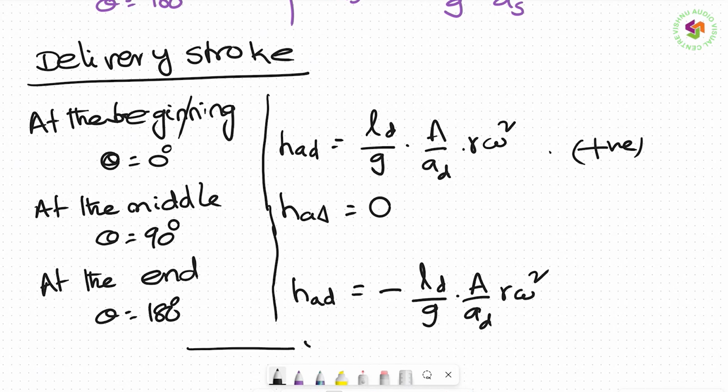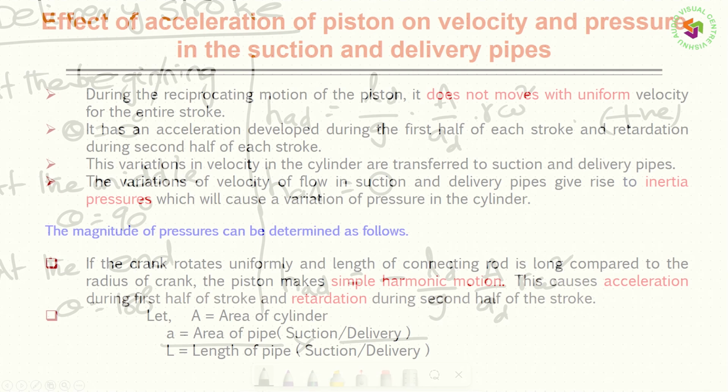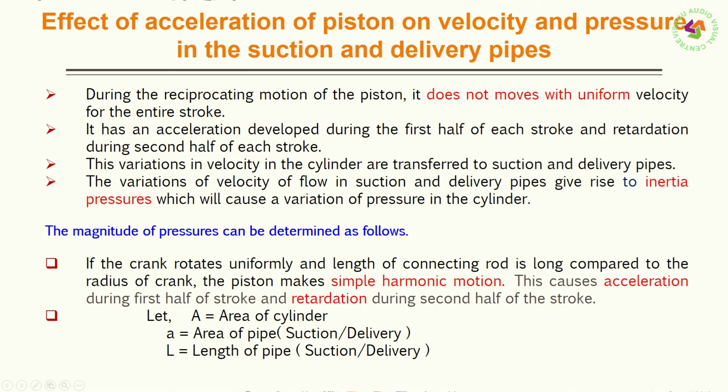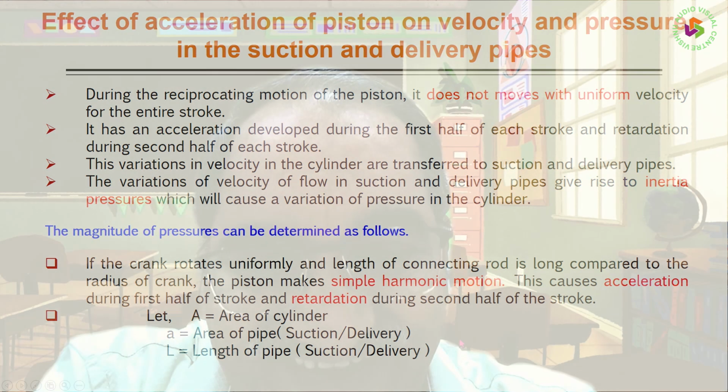So we have calculated the acceleration pressure head during the suction stroke and during the delivery stroke. It depends on the crank angle, theta equal to 0 degrees, 90 degrees, 180 degrees. Naturally, this will change.